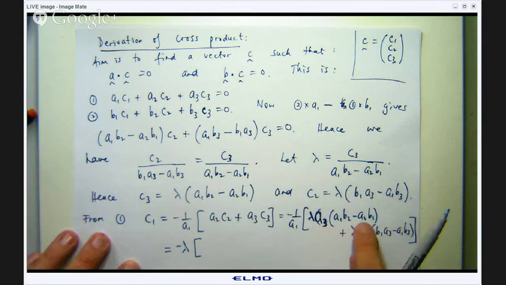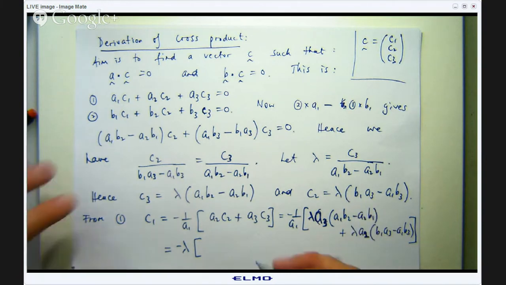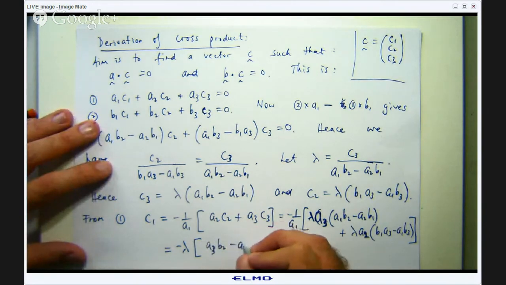If I look at what's going to cancel, I've got negative B1, A2, A3 lambda, and a positive B1, A2, A3 lambda. So this term and this term are going to cancel out. So what are we left with? We're left with A3, B2, minus A2, B3.